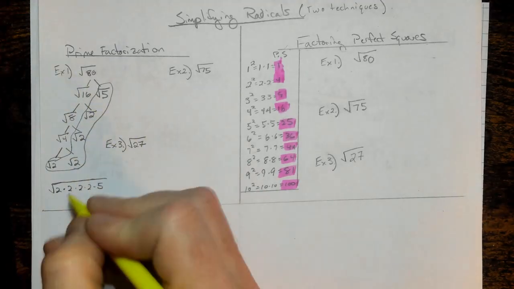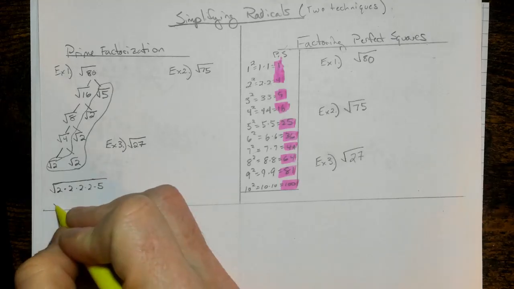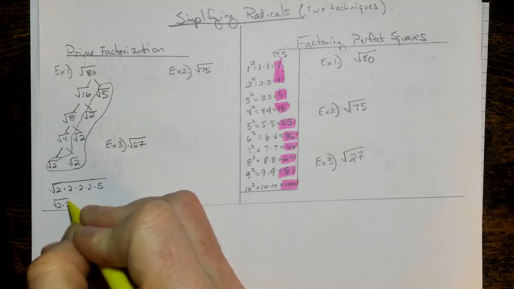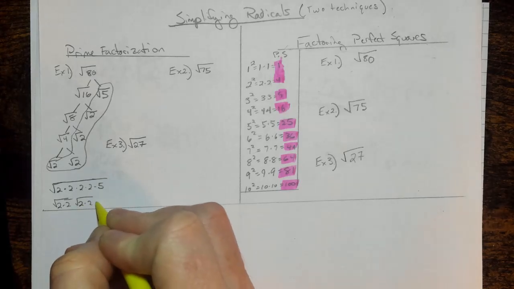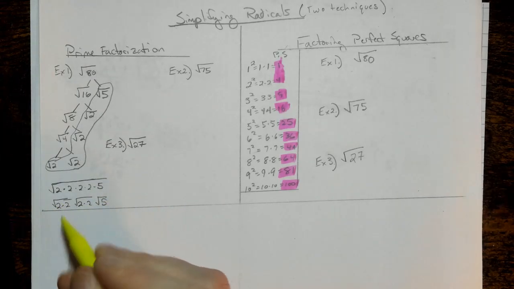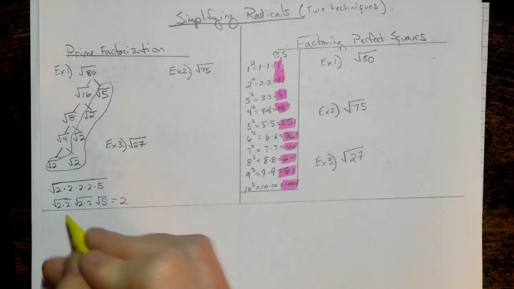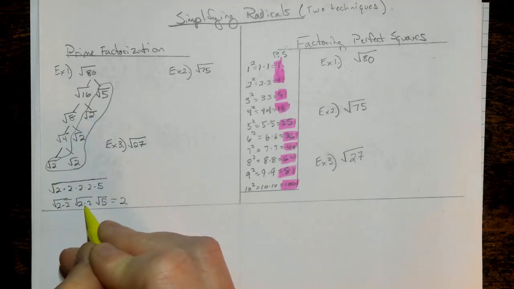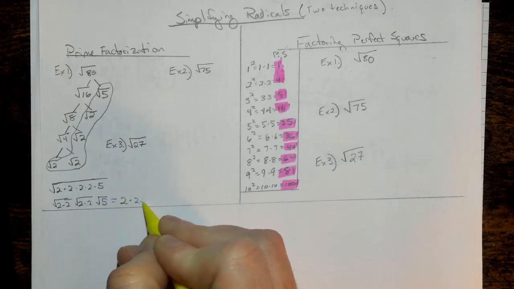So for every 2 square roots, and this is kind of complicated, I'm just going to show you that the square root of these two numbers is just one of those. So I can simplify this first group right here to being 2. I can simplify this next group to being 2, and then times the square root of 5.